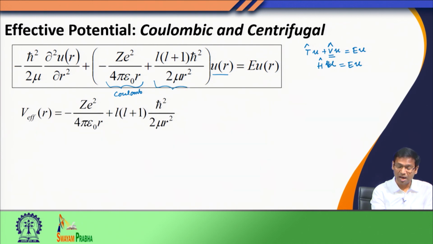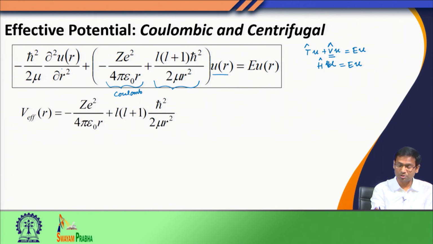Then we see another term present here, which depends on this L into L plus 1. If you remember, how did we get this L into L plus 1? Because we have defined our total wave function as the product of a radial function and an angular function, and our operator had this Legendrian, and when I acted this Legendrian on this angular part of the wave function, I get this L into L plus 1, where L is the angular momentum.